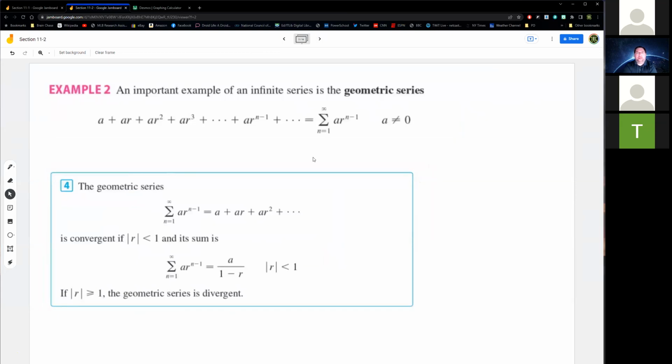So a geometric series is the summation of a times r to the n minus 1. So a is your initial value. r is the ratio, so r is what each value is going to change by. And it's always n minus 1 in the exponent because you basically want to cancel out that ratio.